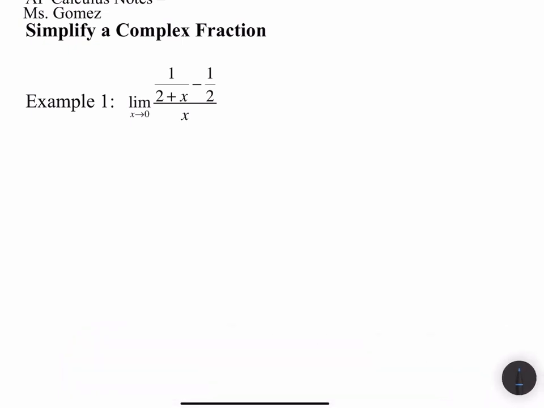Instead, what we would have to do is I can multiply by the alternate denominators. So I'm multiplying by 2 plus x on the right, and then I can multiply by 2 on the left, okay?